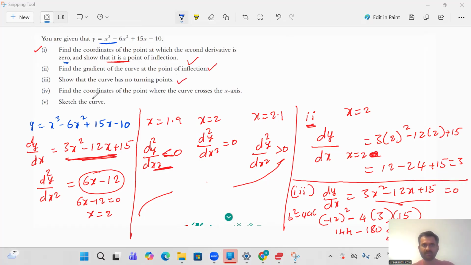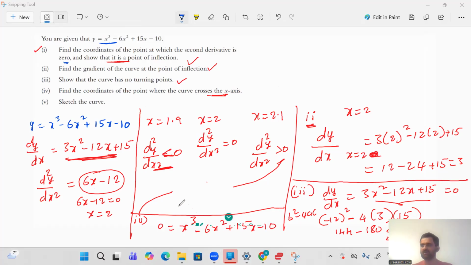And fourth one, find the coordinates of the point where the curve crosses the x-axis. You need to find the coordinates of the curve where it crosses the x-axis. And when it crosses the x-axis, meaning y equal to 0, we have x cube minus 6x square plus 15x minus 10.